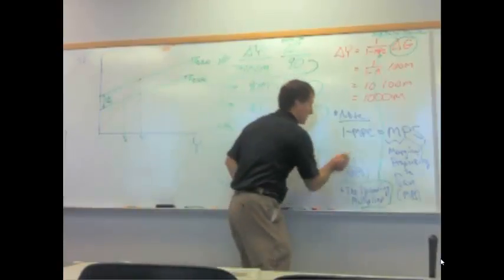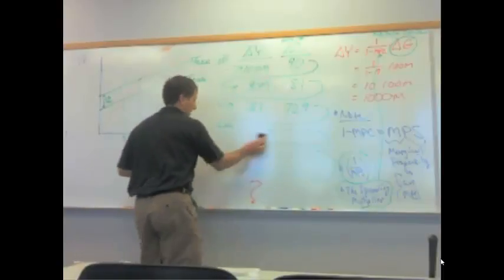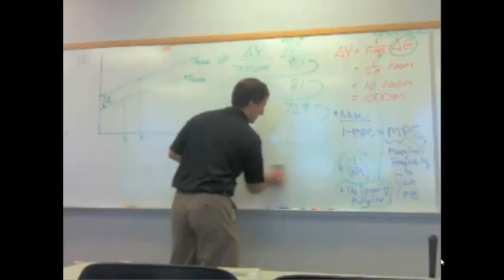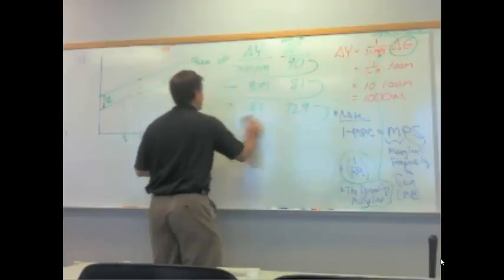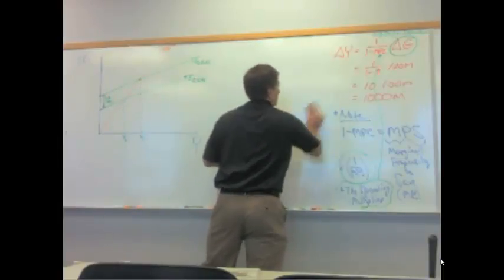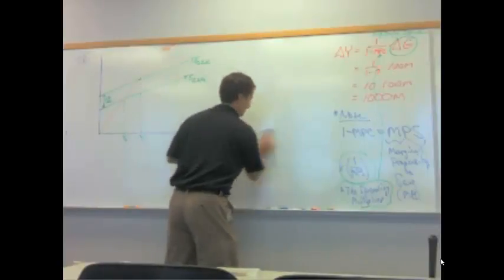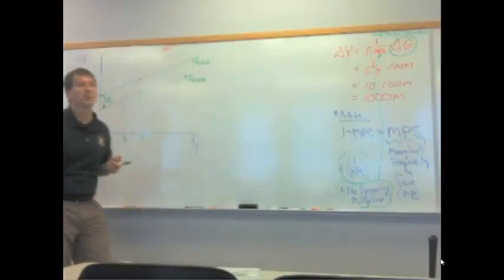So two ways to think about the multiplier. Sometimes a test question might say, suppose that the marginal propensity to consume is this, what's the multiplier? Or another test question might say, suppose that the marginal propensity to save is 0.2, what's the multiplier? So you could use either way.